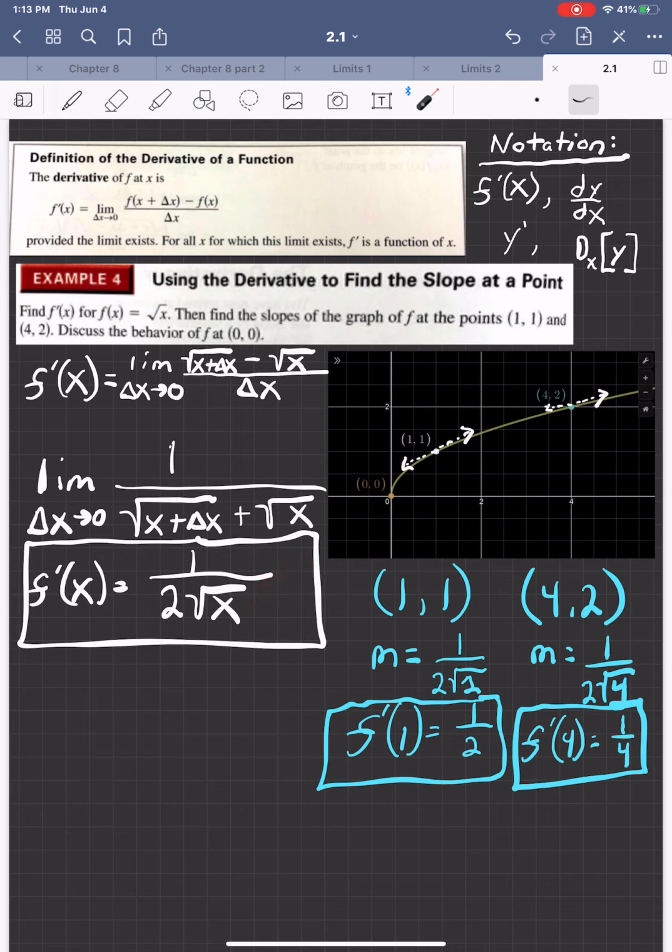So in other words, that last part says discuss the behavior at (0, 0). We would say that f prime of 0 is undefined. Does not exist. Undefined. Null set, however you would like to proceed.